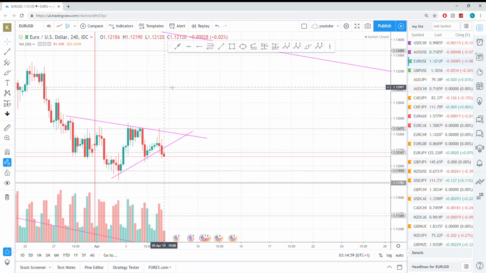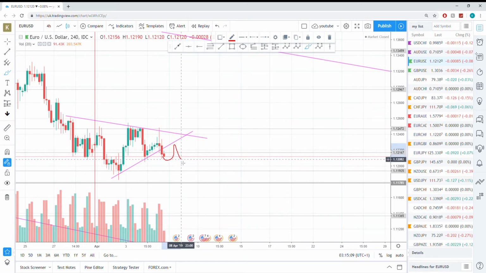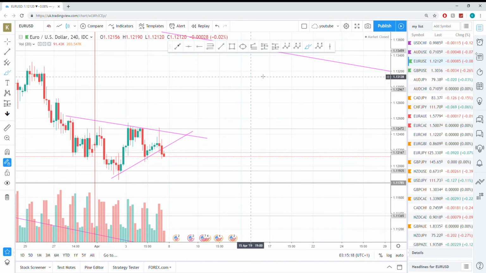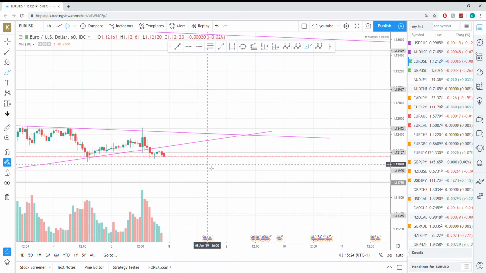So the scenario that possibly could happen is price action would come down here, come back for a retest, and then further retest this zone. If we could get a retest up here, then we would be looking down. So I'll take it down to one hour chart.